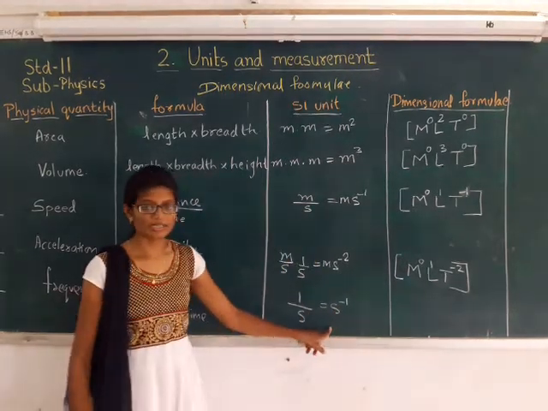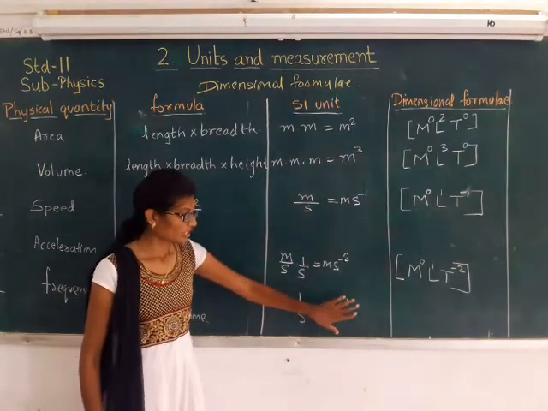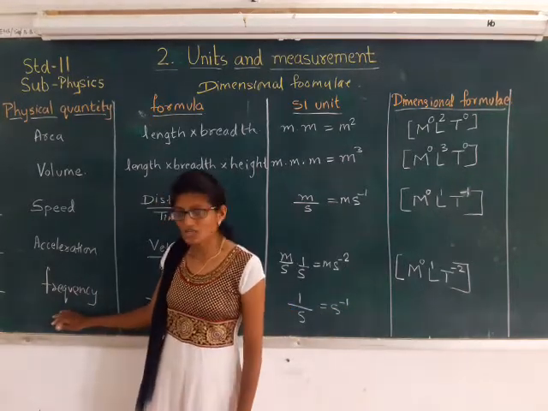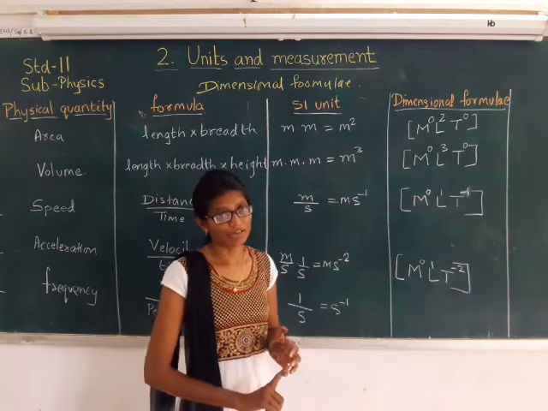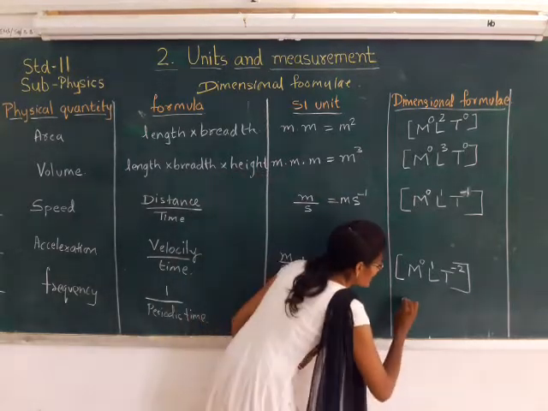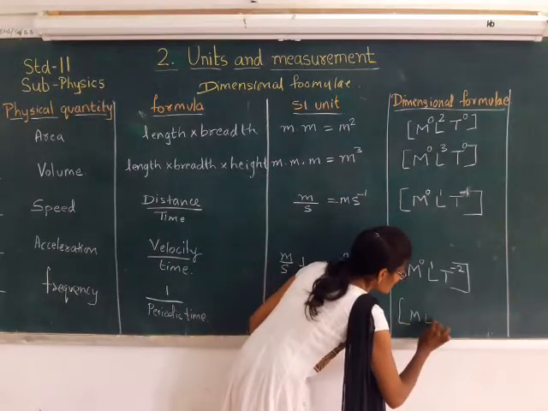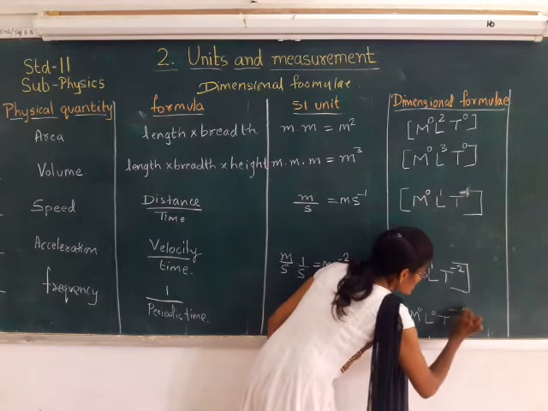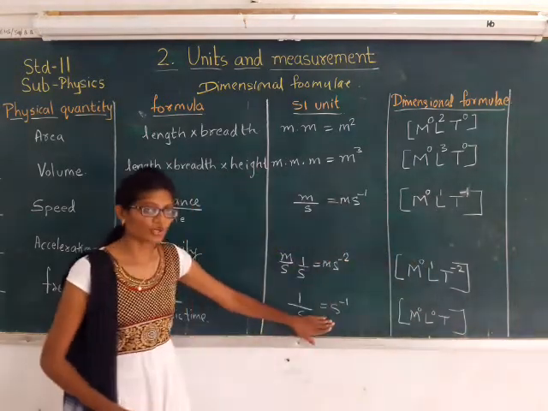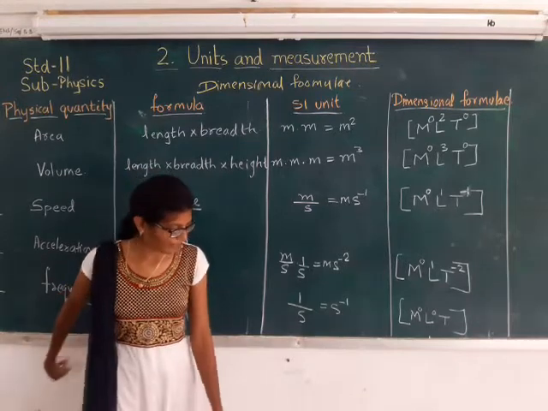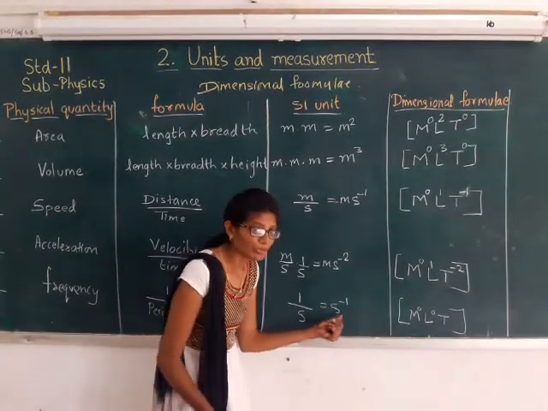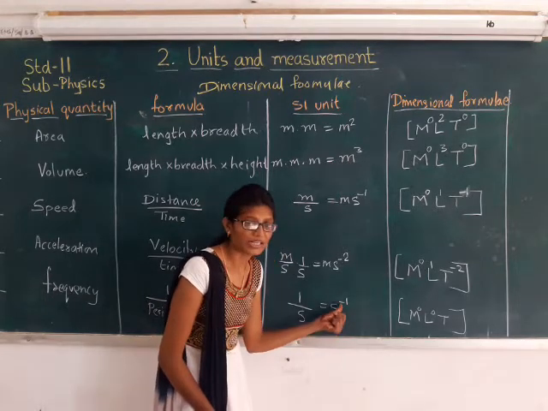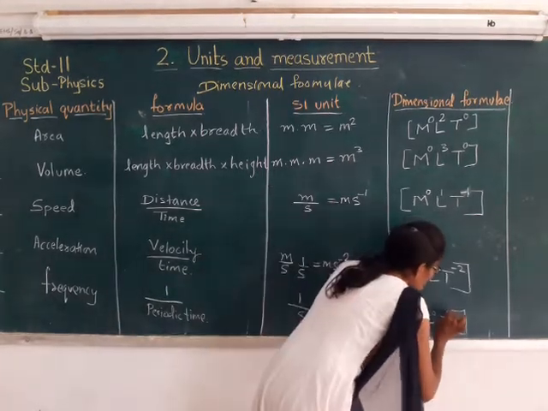So it can be written as s^-1. So in this physical quantity, frequency, we are using only time as the fundamental physical quantity. So the dimensions of mass and length will be 0, because we have only the fundamental quantity time, and its unit is second. And you can see over here the power of the second is -1.